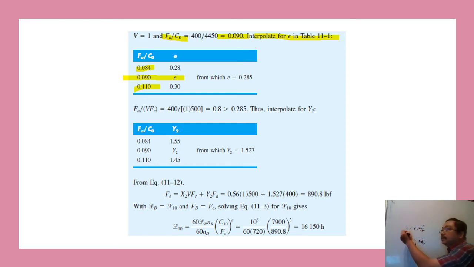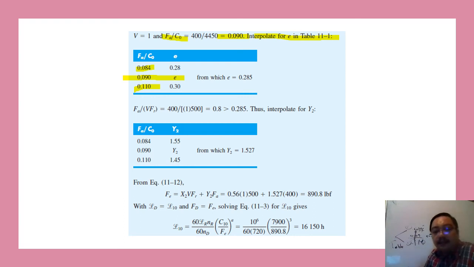Okay, 0.09 is not in the table. You have to extrapolate. Okay, you have to make an assumption, where E equals 0.285. Extrapolate the graph. Okay, you can see where the value is.